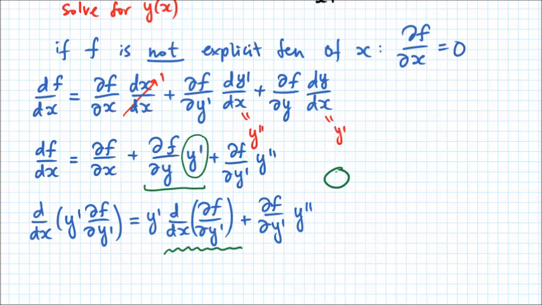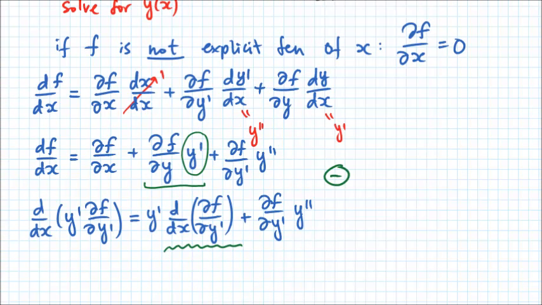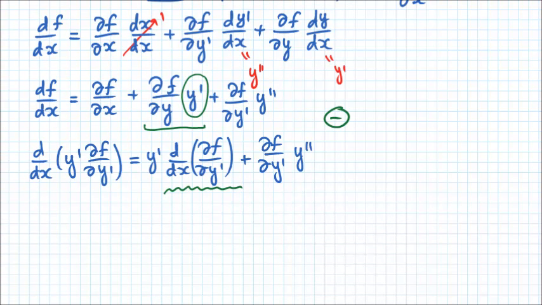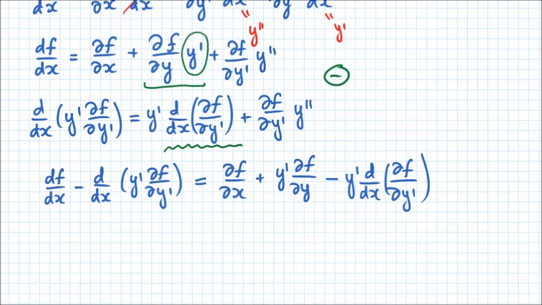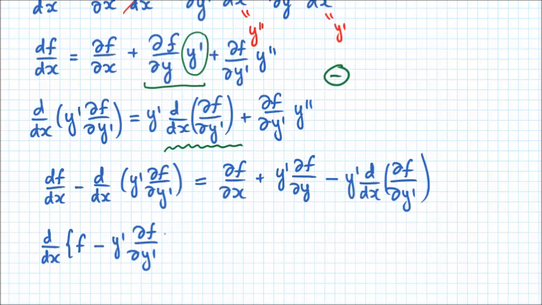So let us therefore subtract second equation from the first, and let's see what we get. So we can, on the left hand side, factor out the full derivative with respect to x, and then we have f minus y prime partial derivative of f with respect to y prime, and then we can move the partial derivative of f with respect to x to the left hand side, and we are left with the right hand side.